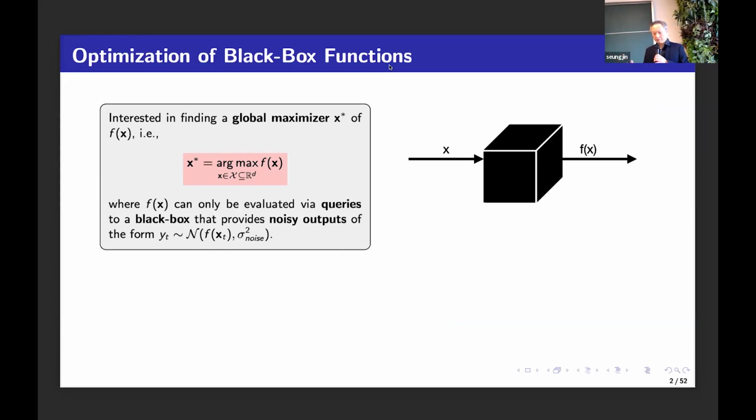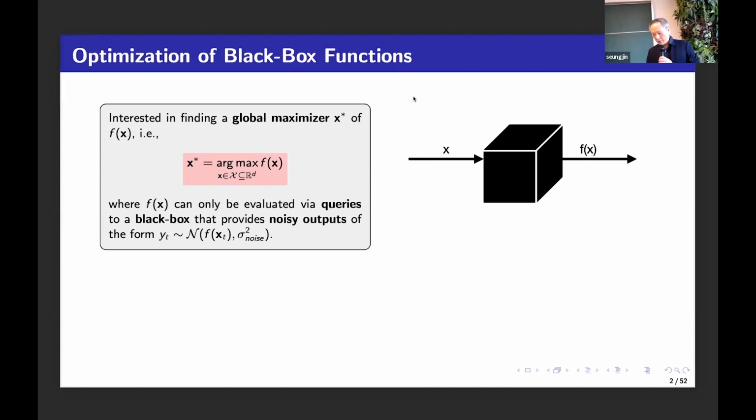We would like to find the maximizer, hopefully the global maximizer, of the black box function. What we can do is only evaluate the value of the function f of x at a particular query, and probably we will get some noisy evaluations.